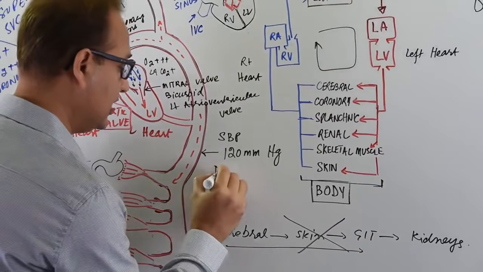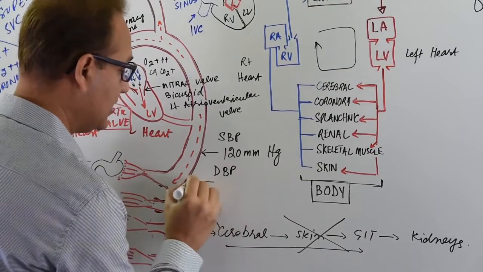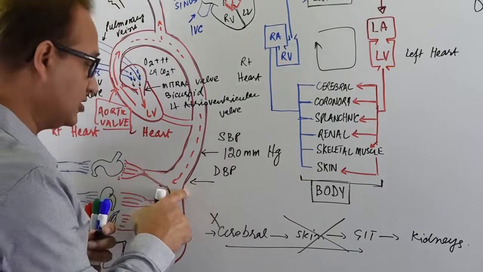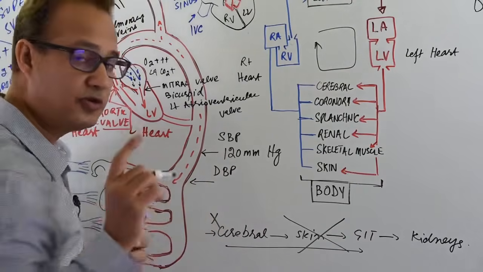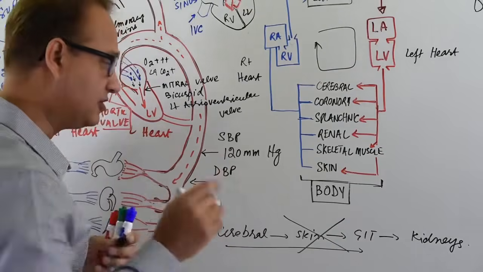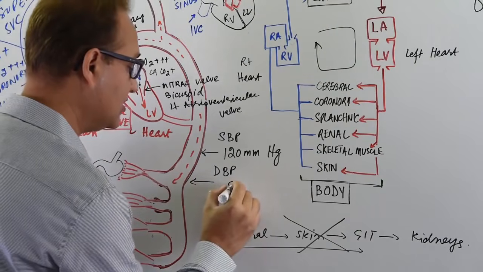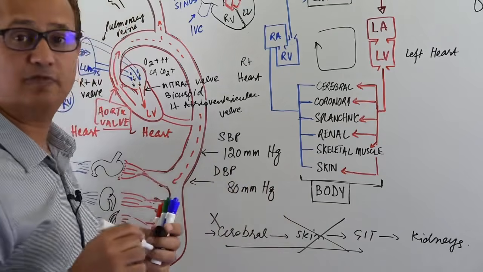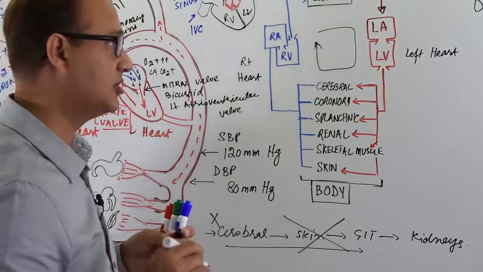So diastolic blood pressure is the blood pressure measured in the systemic arteries during the relaxation of the left ventricle. And normal healthy adults have 80 millimeters of mercury as the diastolic blood pressure.